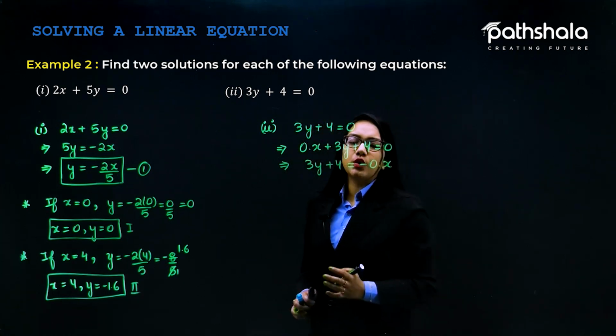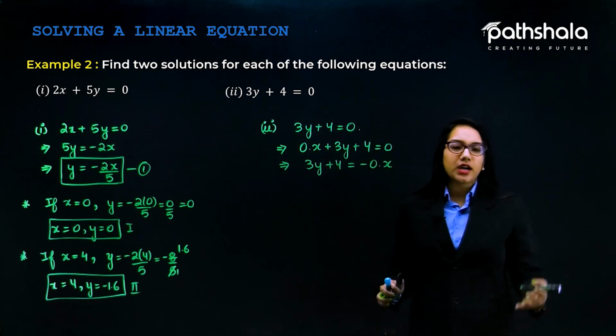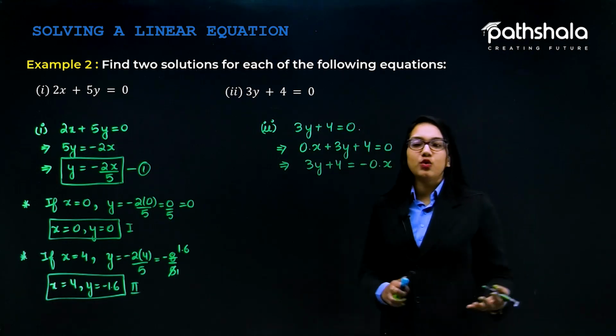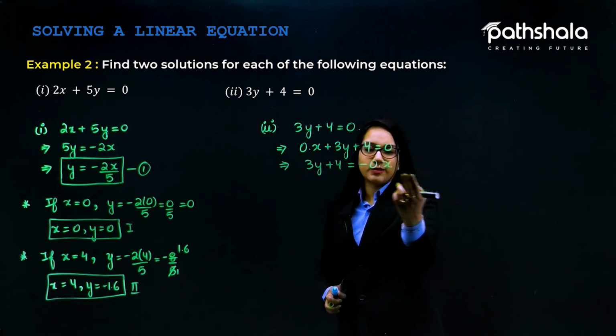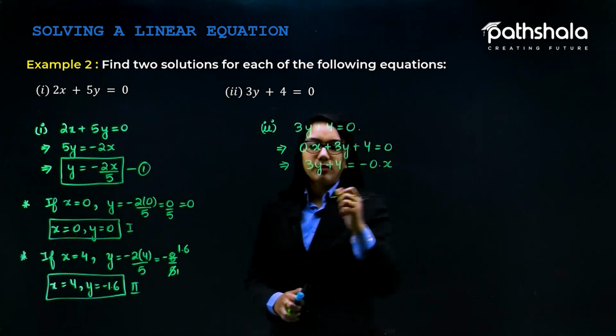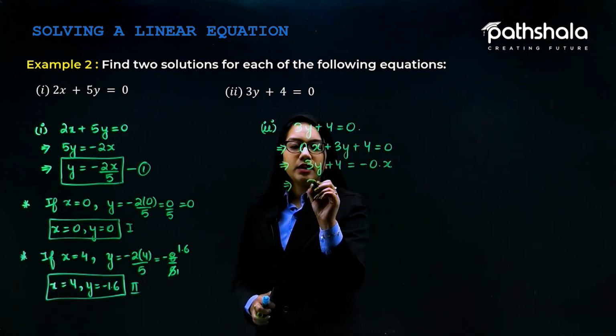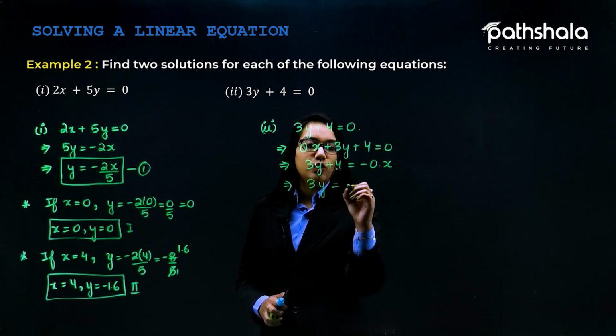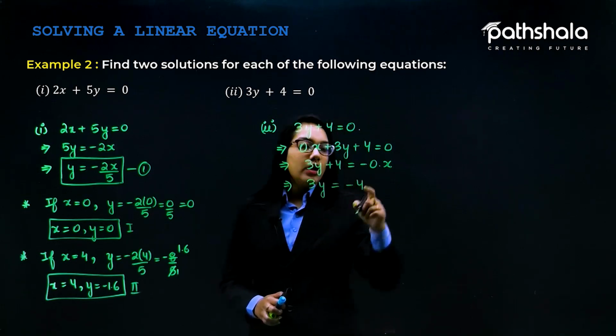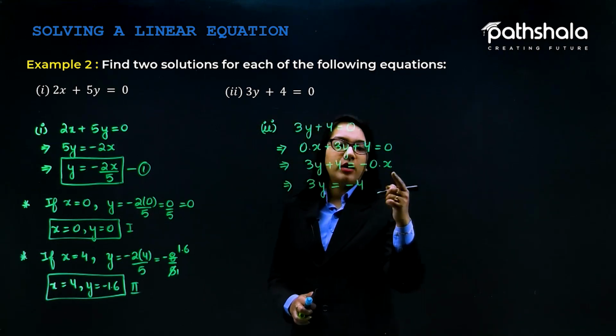As we know, 0 into x is again 0, so it doesn't matter to us because it is nothing but 0. Hence 3y is equal to minus 4 minus 0 into x.